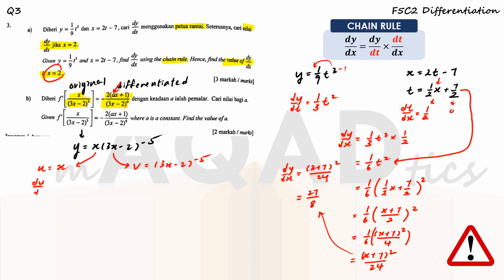So du over dx, if I differentiate, it will become 1. For dv over dx, the power I'll move in front, so it's -5, 3x minus 2, and the power we minus 1 again, so it becomes -6. And we need to differentiate 3x minus 2, so the value will be 3 and the -2 differentiates to 0.